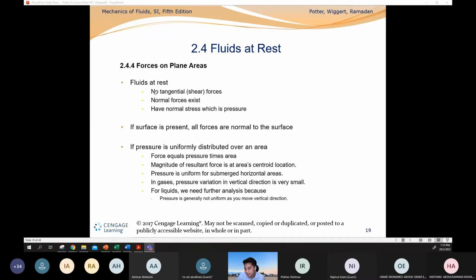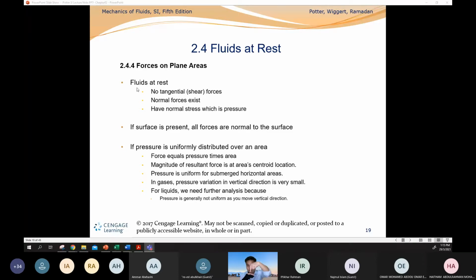I have explained previously, when the fluid is at rest, there are no tangential forces, which are forces acting parallel to the surface. There is no motion.